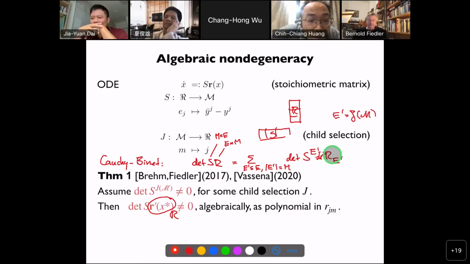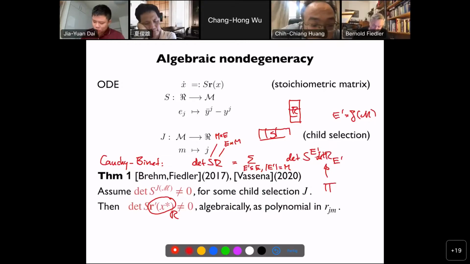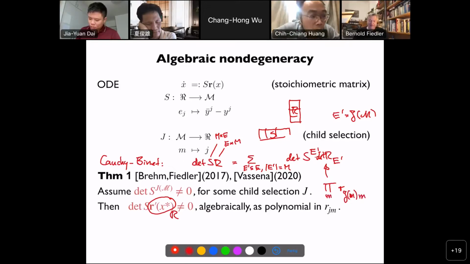And due to the special structure of R, the terms which come here are products J of M, M over M, for each child selection. But here I take the same columns.